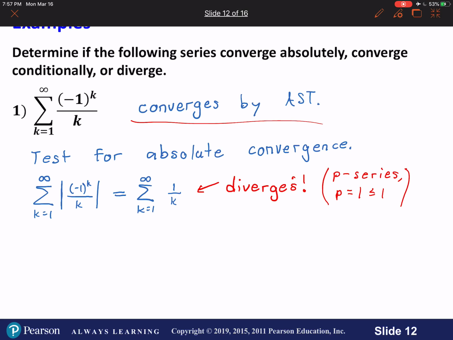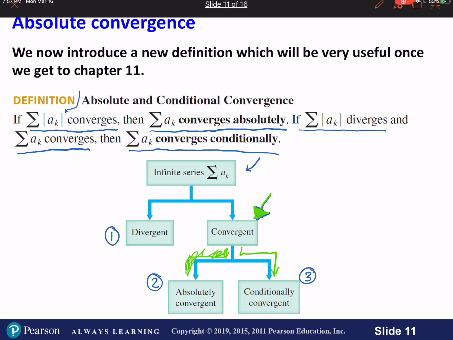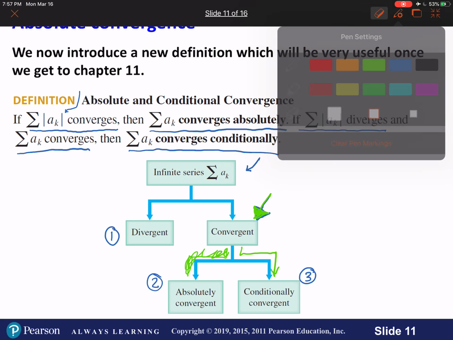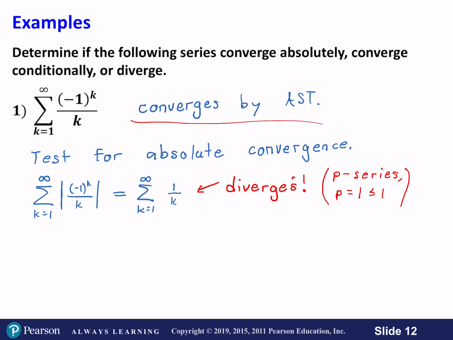Right, so let me go back here. We found that our first series was convergent, and we found that it was conditionally convergent because the absolute value of the sum diverged. Clean this up a little bit. All right, so let's write down our full statement.